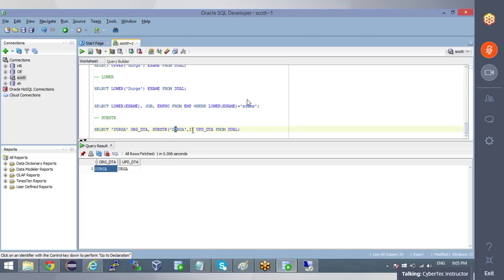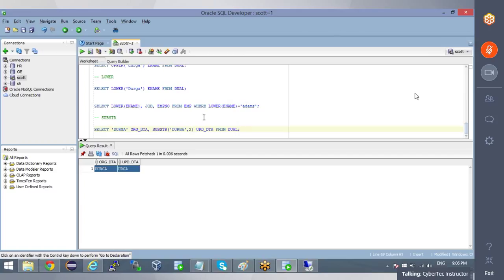This is my input string and this is the starting position within it. Here I said 2. When I say 2, it pulls the characters from that particular position. So my output would be URGA.